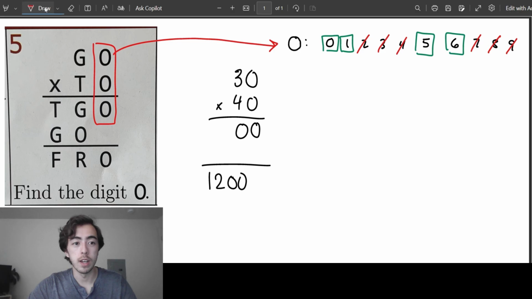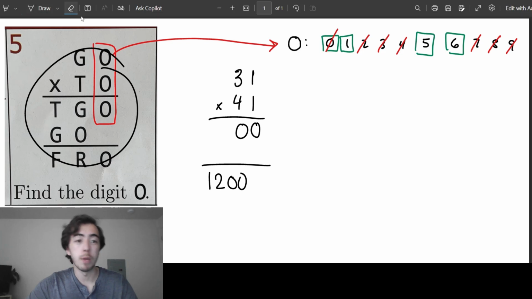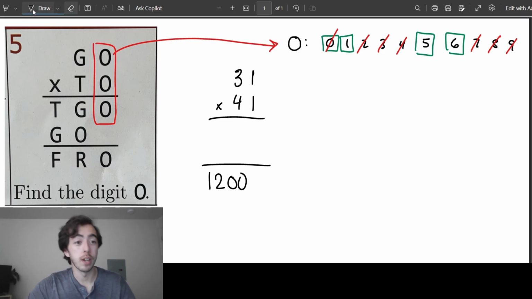So we can cross that out and try with ones instead and see what similarities we have with this over here, and maybe we can find some kind of contradiction. 1 times 1 is 1, so that still satisfies those ones places. 1 times 3 is 3, and so far so good, because this G and this G match.